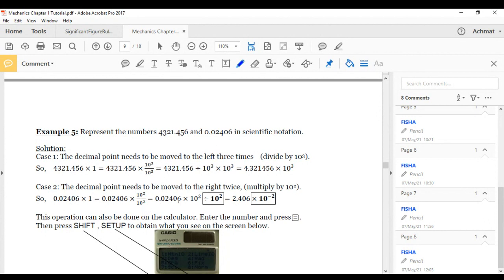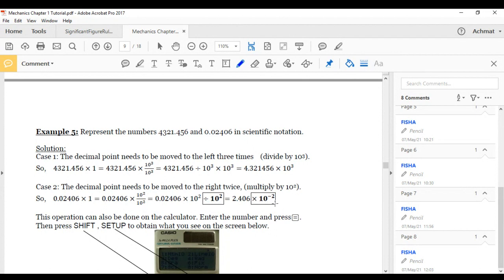Multiply that in there, but then you must also divide by 10 to the 2. But we don't write divide by 10 to the 2. We say multiply by 10 to the minus 2. So this number, 0.02406, can also be written as 2.406 times 10 to the minus 2.